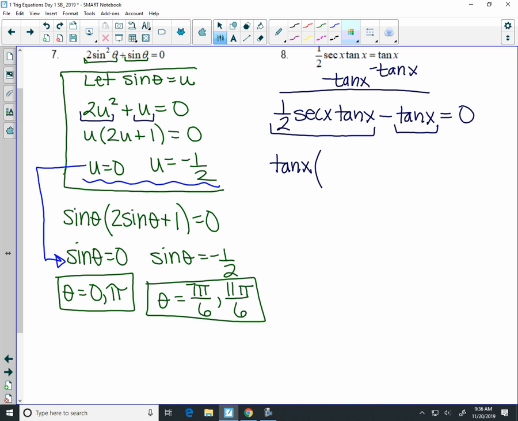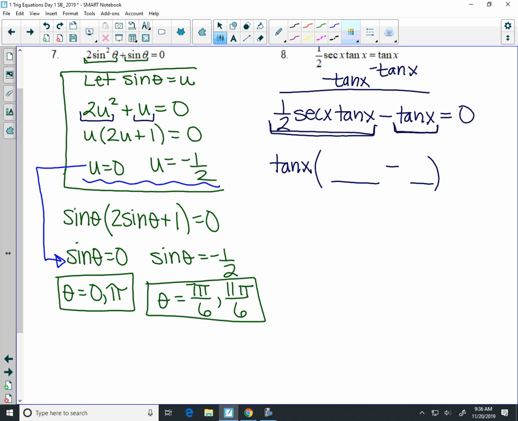And sometimes it's helpful, especially when you're getting used to the way this looks, to kind of write yourself a fill in the blank. So if I started with 2 terms before I factored out a GCF, I need to have 2 terms there in my parentheses. There need to be 2 terms left. Yes, 1/2 secant tangent. Absolutely, yes. That's all multiplication.